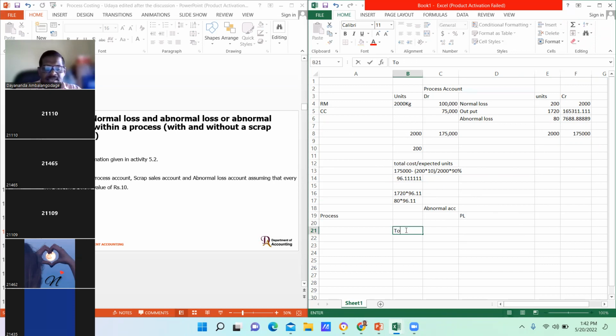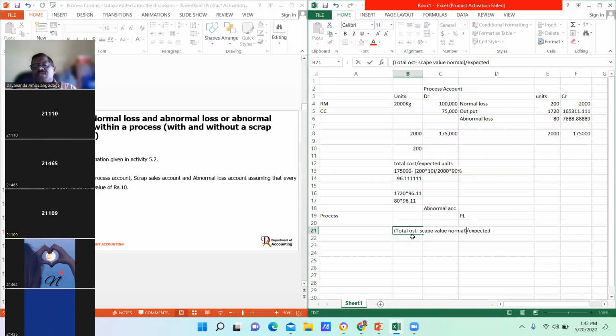Total cost is the same, no problem, but we minus the scrap value of the normal loss, then divide by the expected units. The formula will slightly change if there is scrap value for the losses.